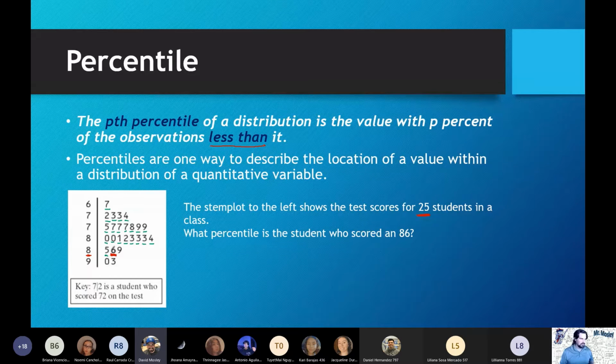It's equal to 86. We only want less than. So I have 21 observations or scores or students. We have 21 scores that are less than 86.